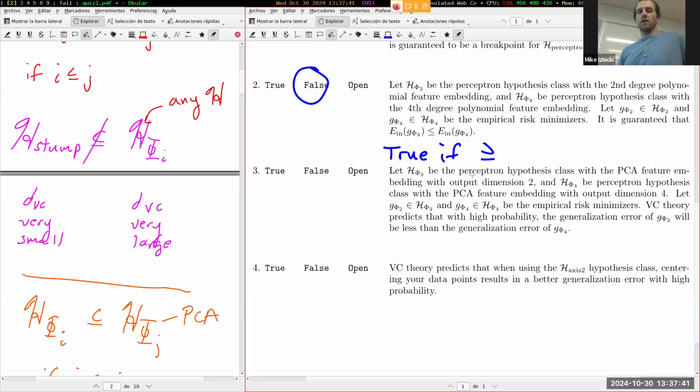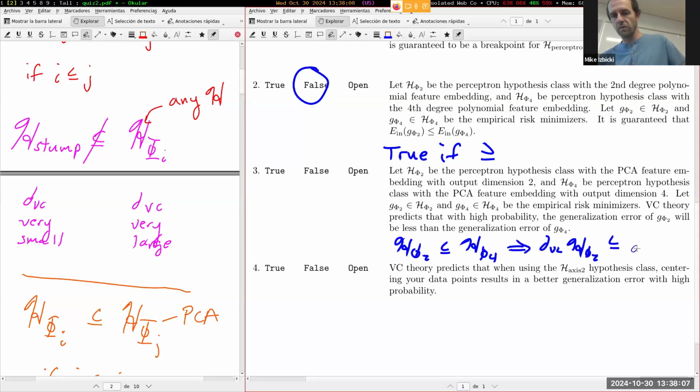Problem number 3. So here, the subset relationship, again, holds from HV2 as a subset of HV4, and so I'll write it out down here, HV2 subset HV4, that implies the DVC of HV2 is less than or equal to the DVC of HV4.